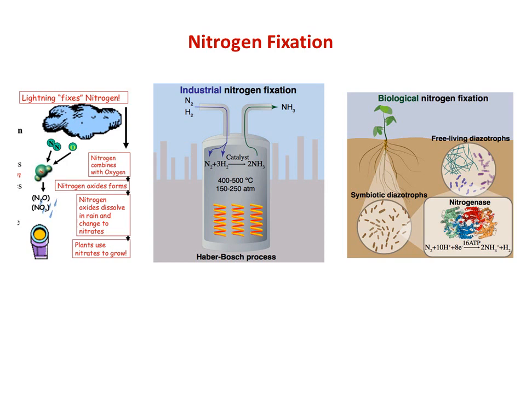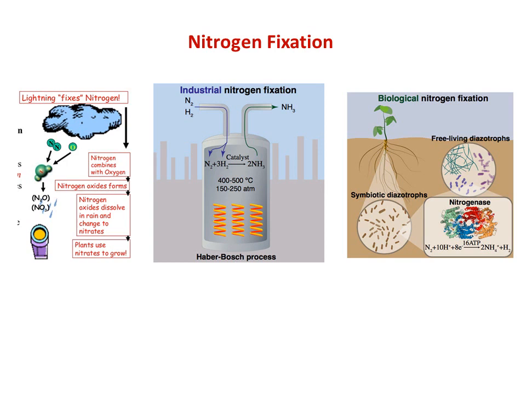These nitrogen oxides dissolve in rain and get converted into nitrates. Once these nitrates reach the soil, the plants can utilize them. That is one method of nitrogen fixation. Around 5 to 8% of nitrogen fixation happens by this method when lightning takes place.